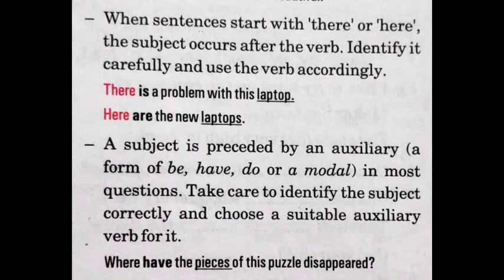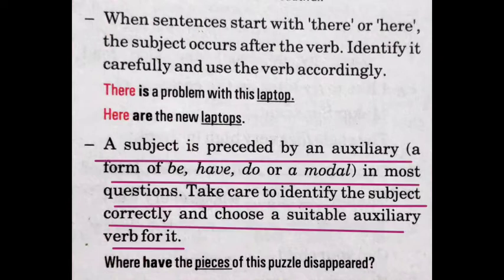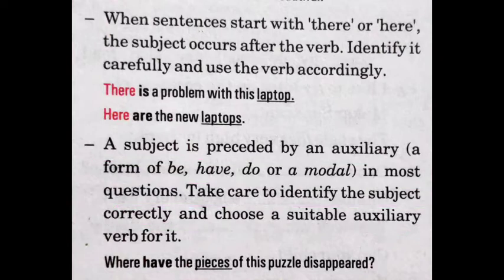Next we have a subject preceded by an auxiliary, a form of be, have, do or a modal. In most questions, take care to identify the subject correctly and choose the suitable auxiliary verb for it. So generally after the subject there is an auxiliary.